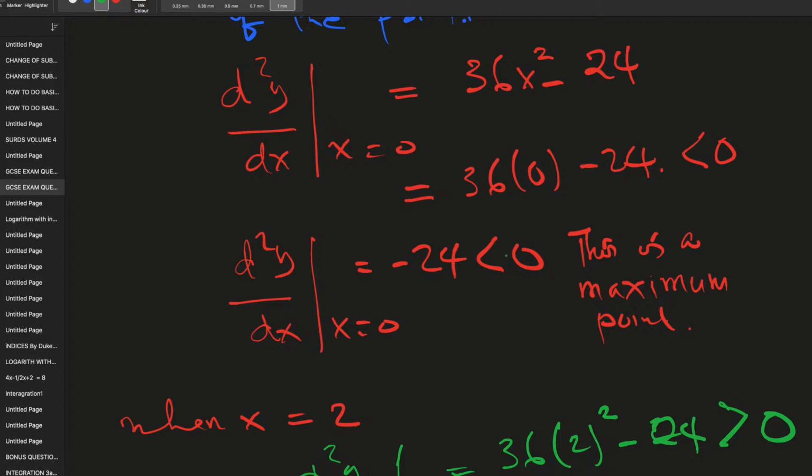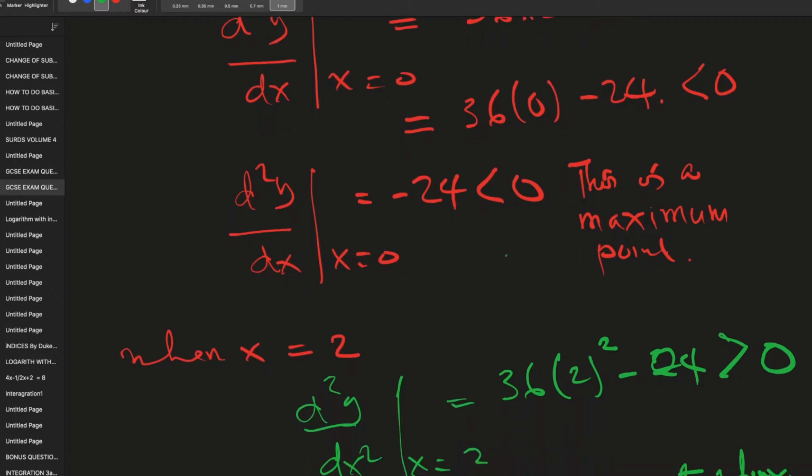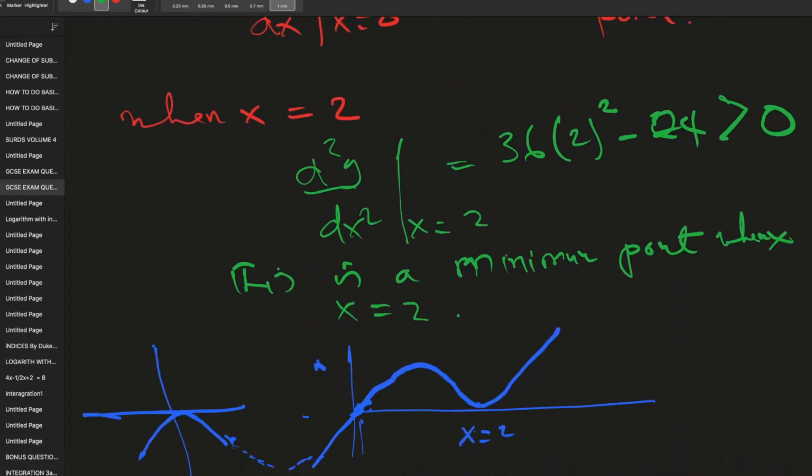When we substitute x equals 0, the answer we had was negative 24, which is less than 0. That means the point when x equals 0 is the maximum point of the curve. When we put in x equals 2, our answer was greater than 0, and that is a minimum point.